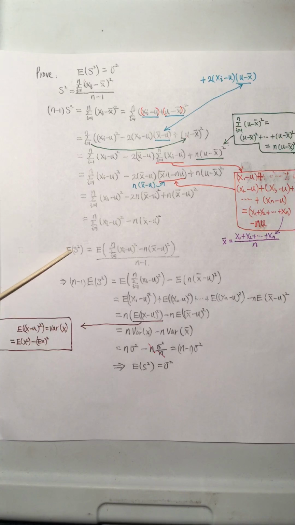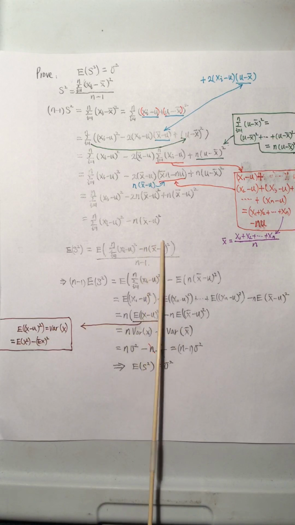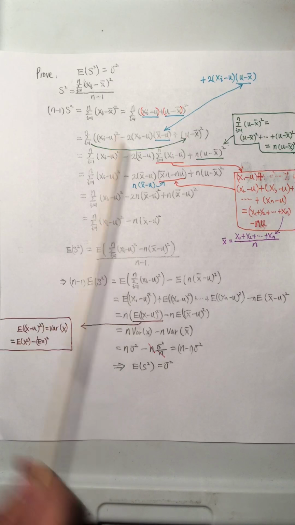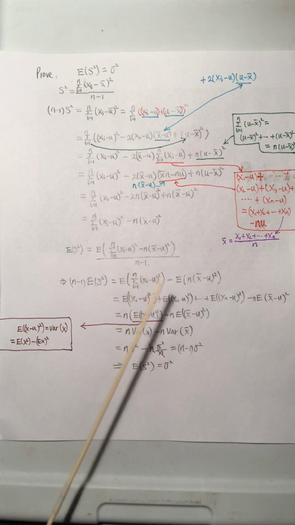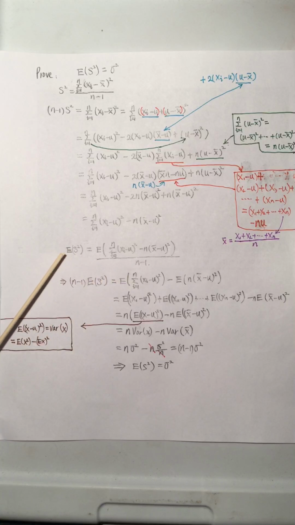So now we start looking at the proof. E of s squared is equal to this, which is just from the expansion of this square term, and n minus 1 remains the same. We pull the n minus 1 over to the left side.